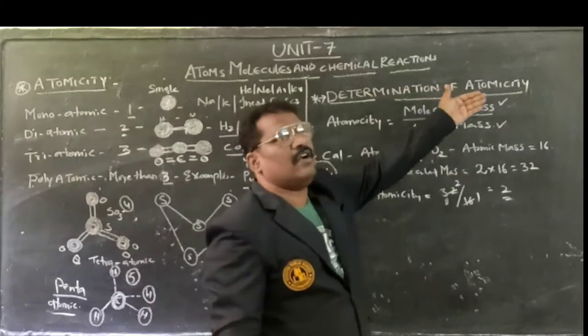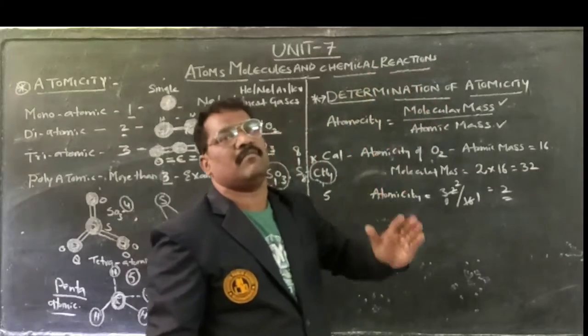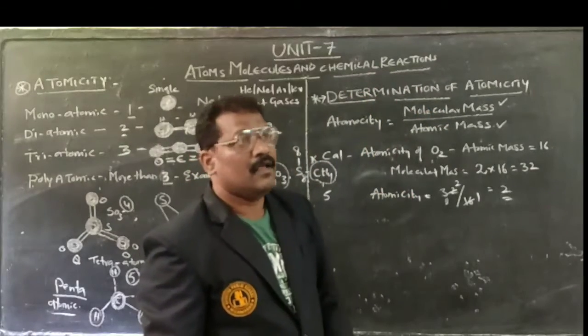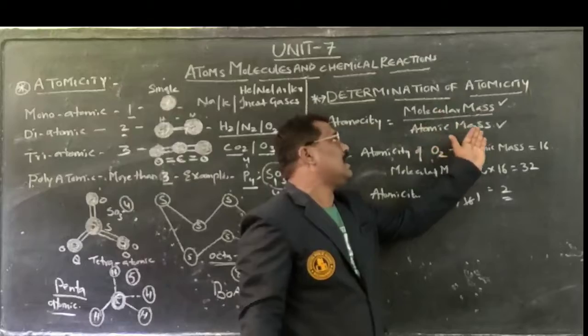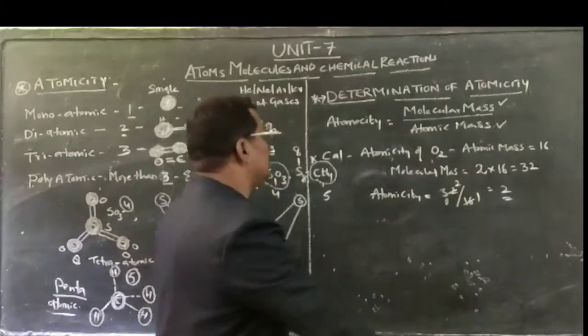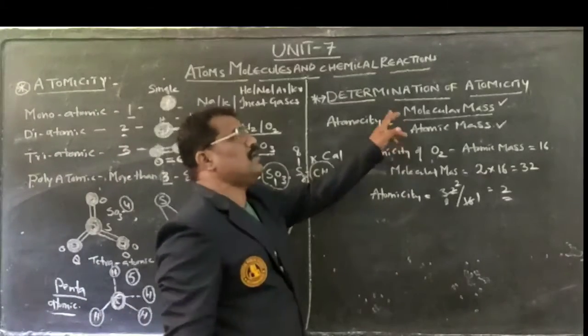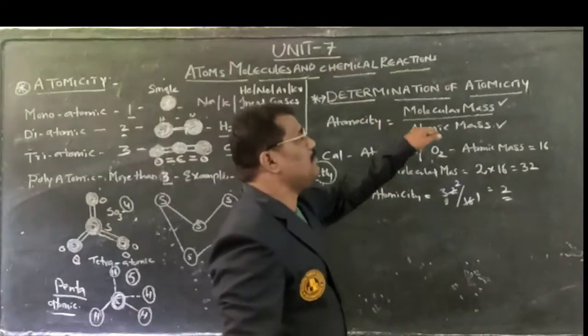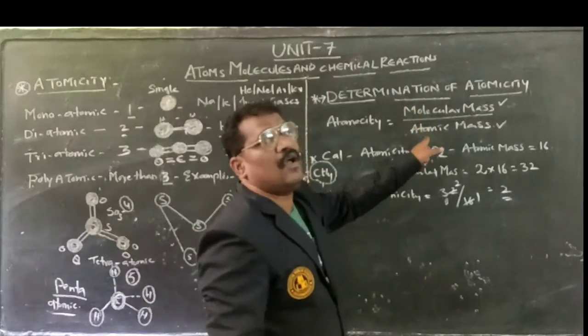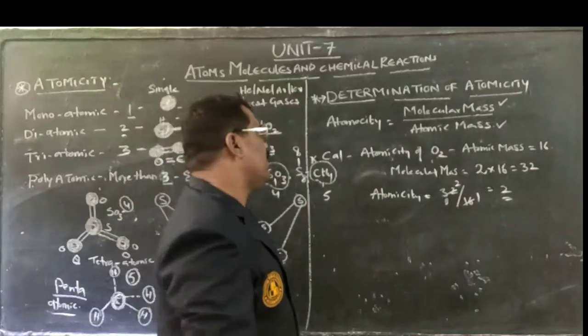Therefore, determination of atomicity is the ratio of molecular mass to atomic mass, or molecular mass by atomic mass. How do we calculate molecular mass? Whether it is monoatomic, diatomic, triatomic or polyatomic, we ought to know that number, and multiply it with the atomic mass.